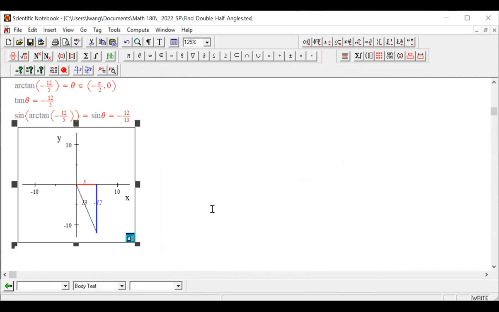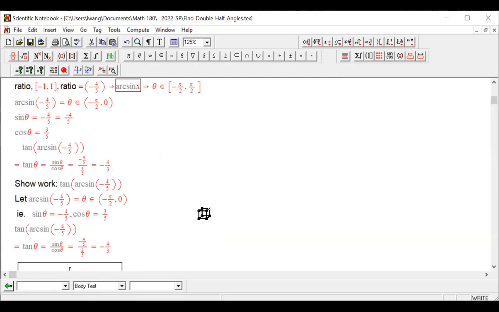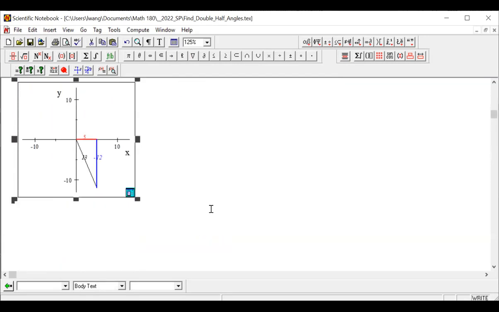There we go. So these are the examples for our homework questions. Knowing how to do these questions is very important. You'll need them in your calculus classes, and also in pre-calculus and the class you're taking right now.